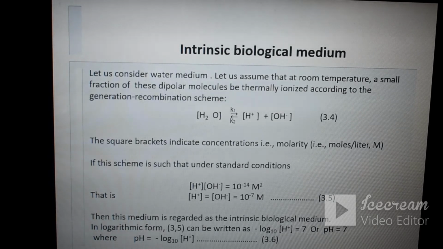That is the definition of pH. So basically we are considering one biological medium which will be called intrinsic if its pH value is 7.